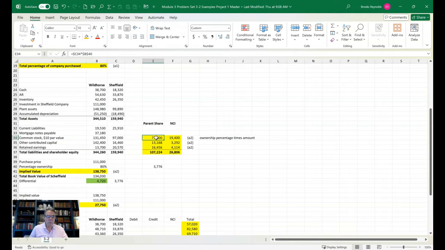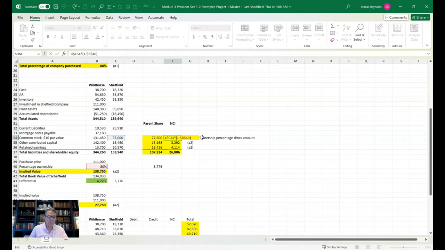And so all we're doing really is multiplying the ownership percentage by each stock account. And you can see that 80% times that, 80% times that. And now here would really just be the difference between this. You can either do 80% of this, or actually 1 minus that.